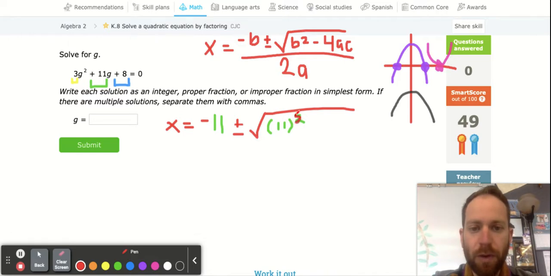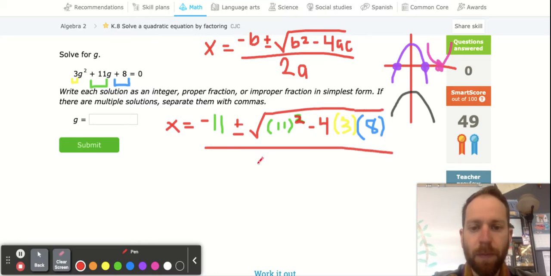So the squared is from the equation, minus 4 times a times c. A is 3, and c is 8. And you divide that all by 2 times a. Remember, a was 3.